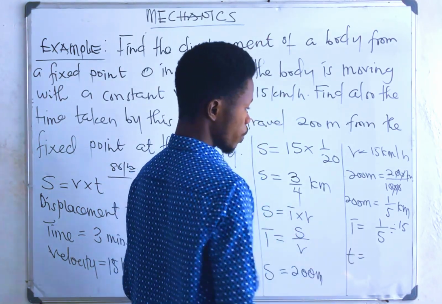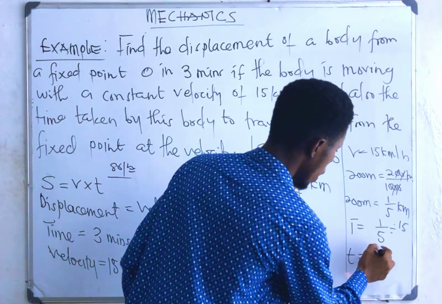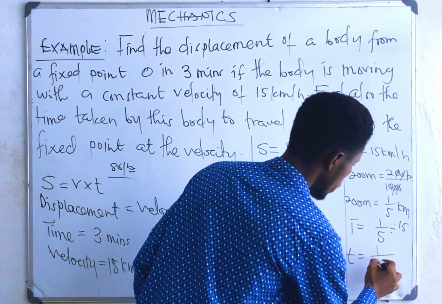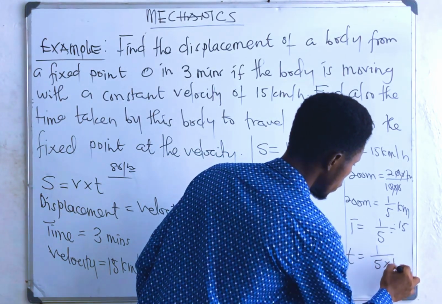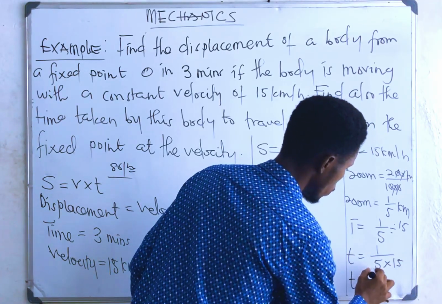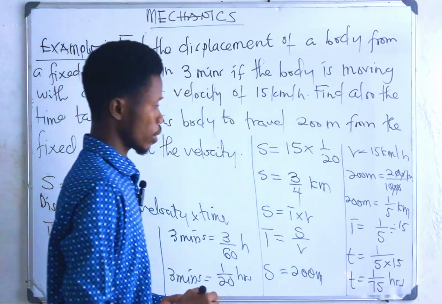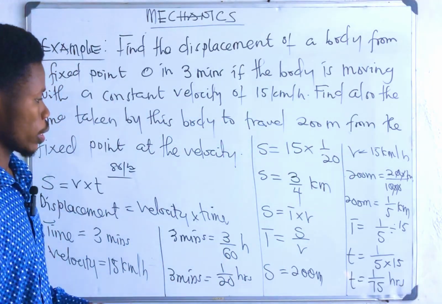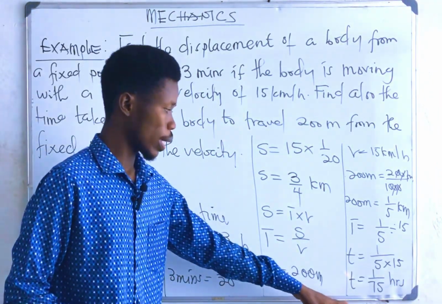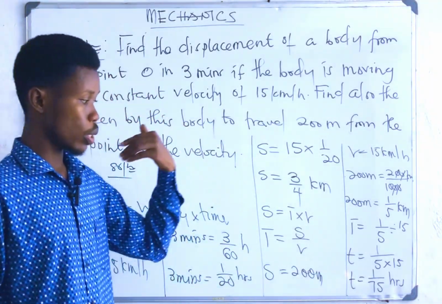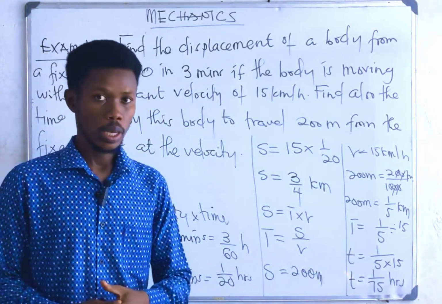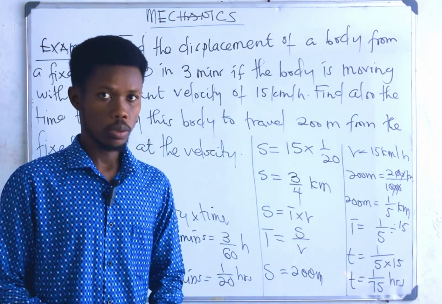So here it will be 1 over 5 times 15. So this will give 1 over 75 hours. Is that okay? 1 over 75 hours. So that is the time that is used. In hours, you can change it to what? Seconds or minutes, depending on the unit you want to change it to. Is that okay? Let's look at a different example.